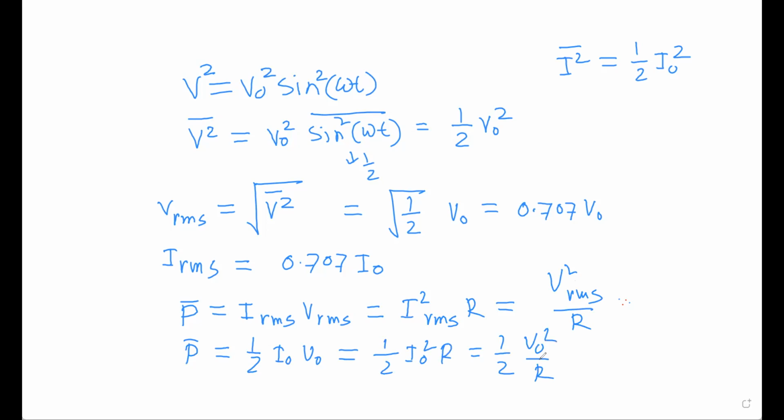So in terms of VRMS or IRMS, the average power equations are these, and in terms of the peak voltage and current, the equations are something like this. Sometimes you will see that the peak voltage or peak current are important, and sometimes you will see that IRMS or VRMS are important. So whatever you need, you can choose from these sets.